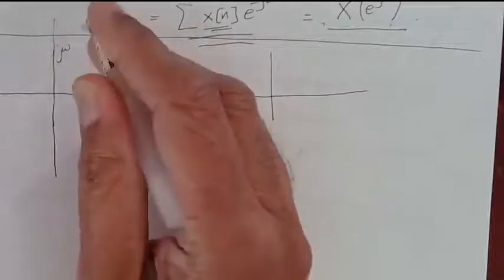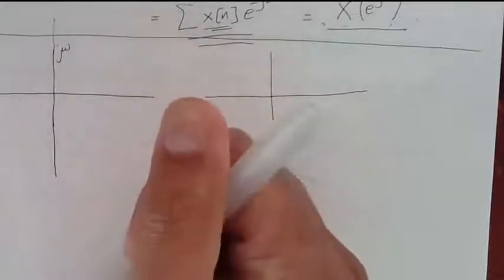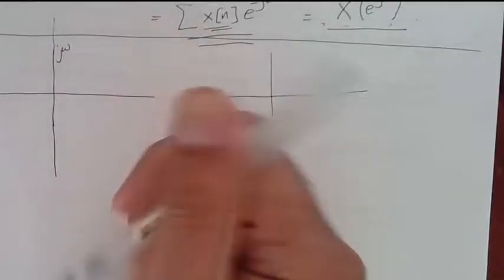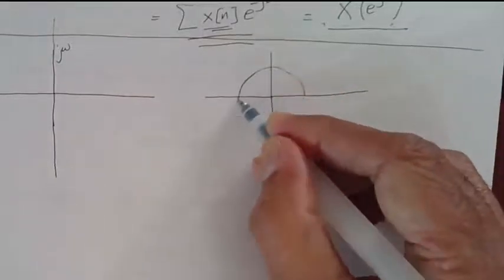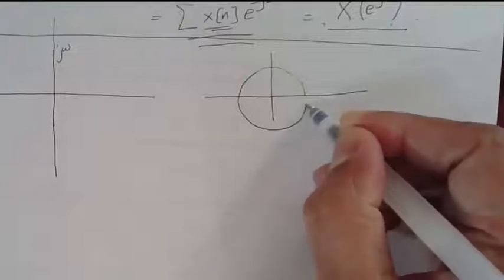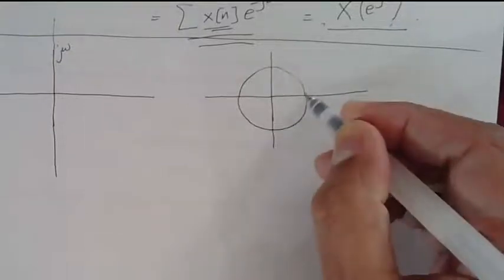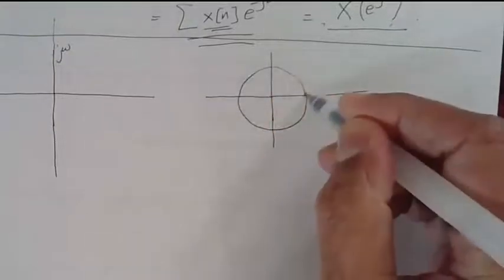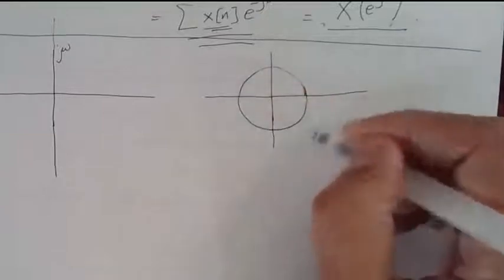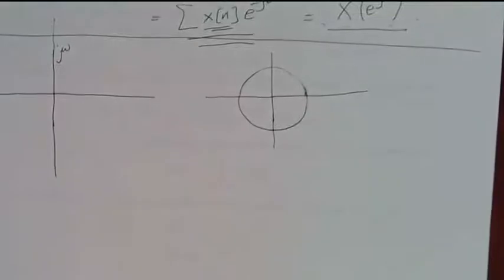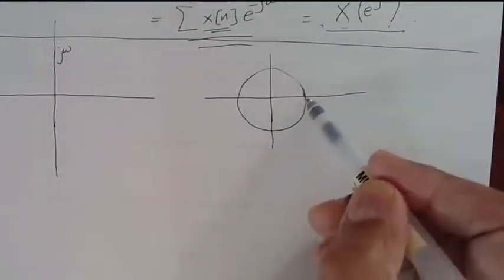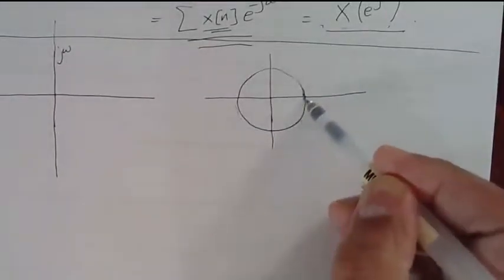I can go all the way up to infinity and down to minus infinity. On the unit circle though, I go around and then I'm back in the same place. I go omega from 0 to 2 pi and I'm back in the same place. I just can't go more than that, right? And so we have a limitation here. We can only go from omega equals 0 to 2 pi here.